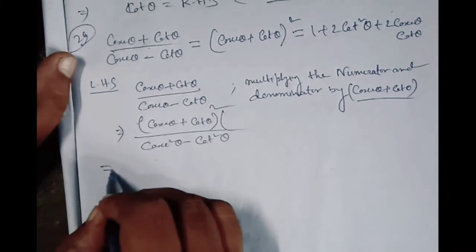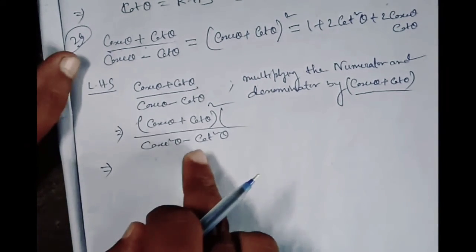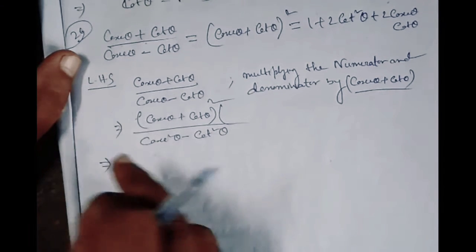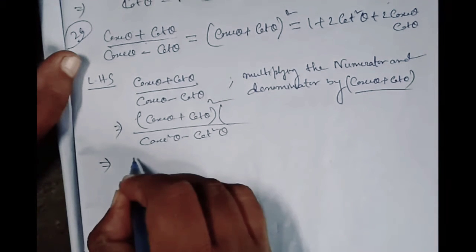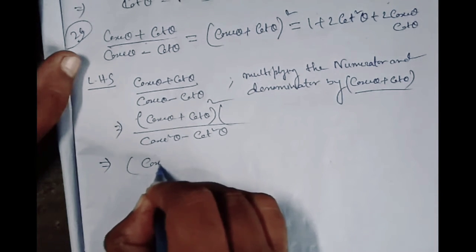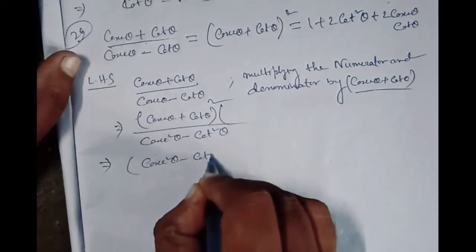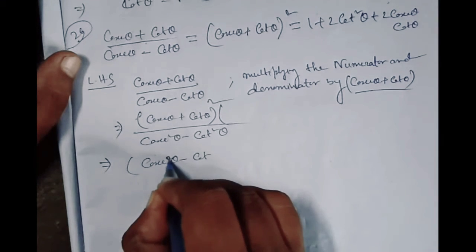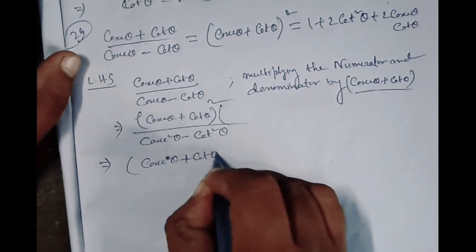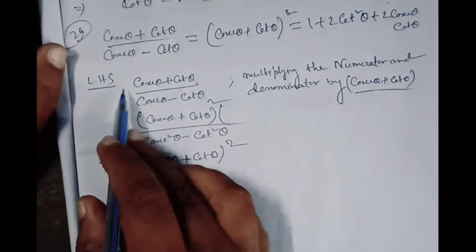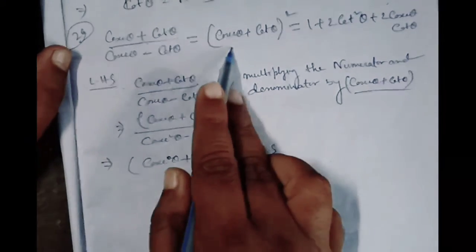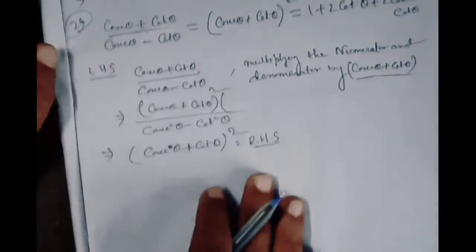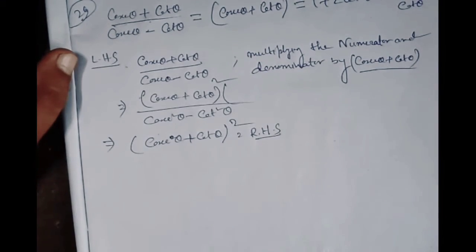Now cosec square theta minus cot square theta equals how much? That equals 1. So we are getting (cosec theta plus cot theta) whole square. So this is the LHS, this is the first RHS, that we have proved.